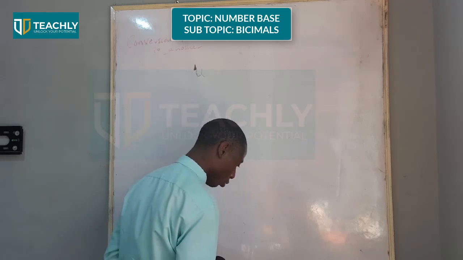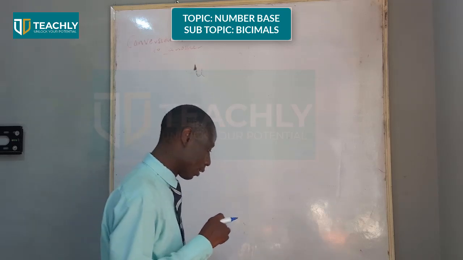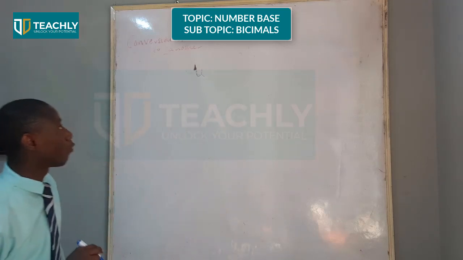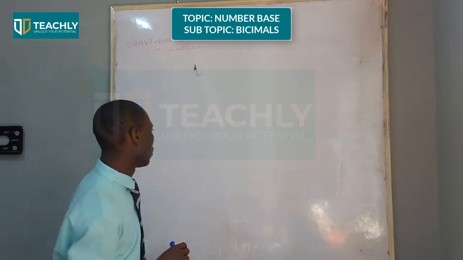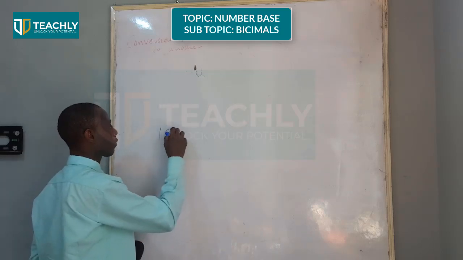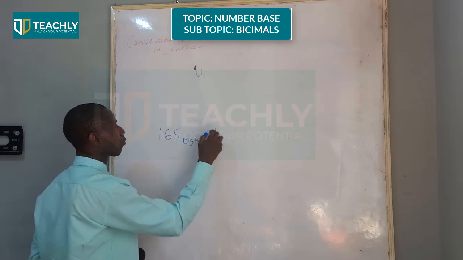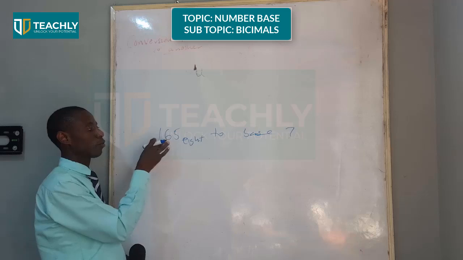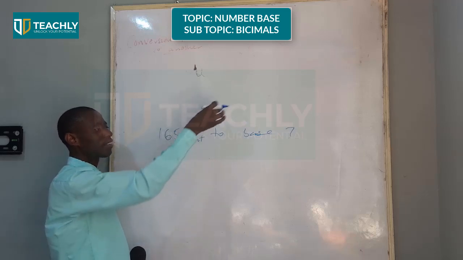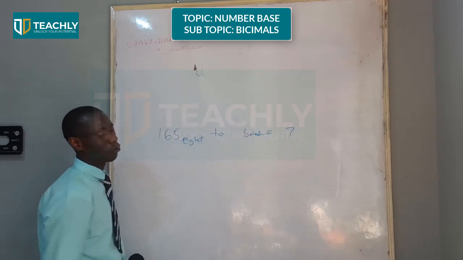So what we do is this. If you want to convert a number from one base, you cannot go from that base to another base directly. Let's say for example you are given 165 base 8 and asked to convert to base 7. You need to first convert this 165 base 8 to base 10, then from that base 10, you take it back to base 7.